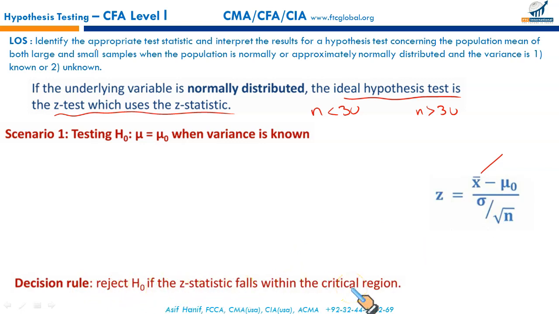Now this is important: if the underlying variable is normally distributed and the population variance is known, then we use the z distribution. But if the population variance is not given, that is the topic for our next slide.